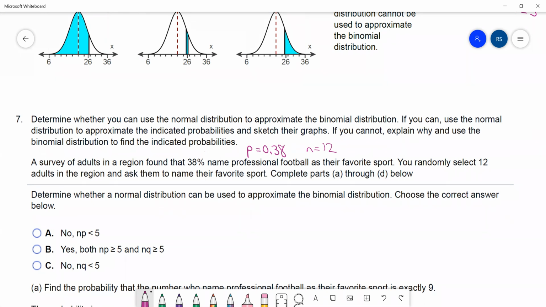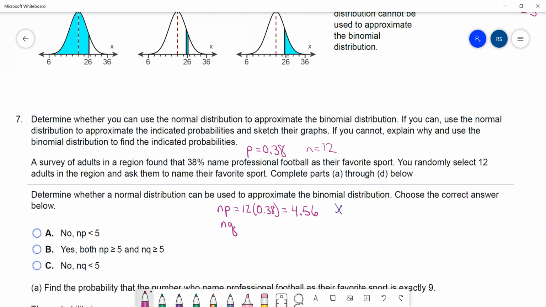So now our first step is to determine, can we use a normal approximation? So we have to do N times P. So 12 times 0.38, and let's see what that gives us. 4.56. Uh-oh. That's not good. We're not bigger than 5, but let's keep going.